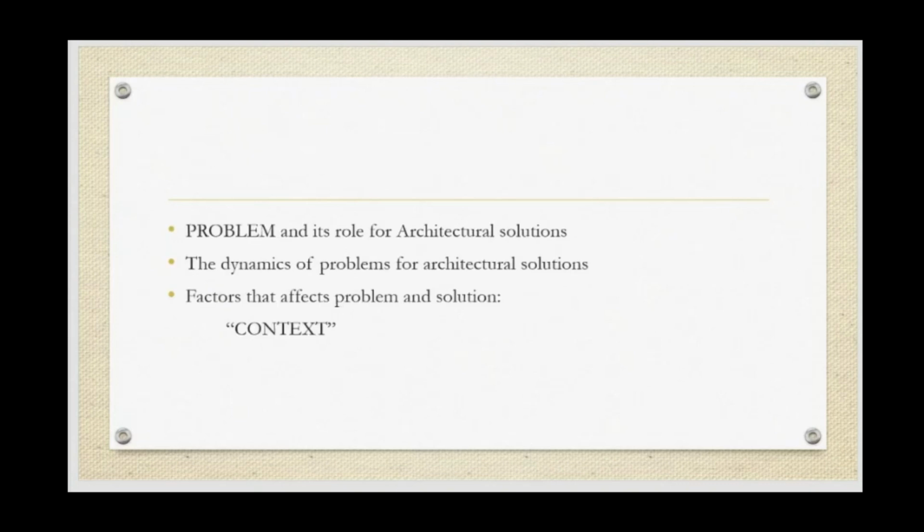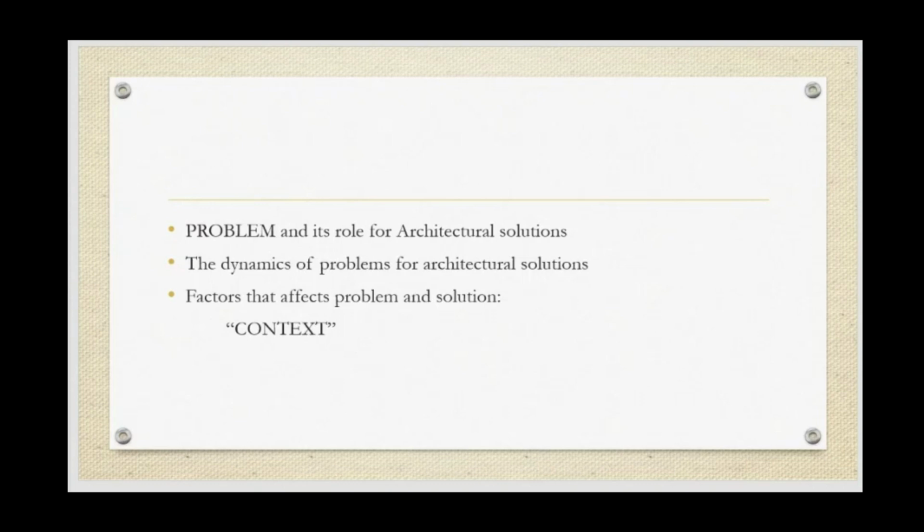So going into that, we also advocate that problem is a very important part of architectural solutions, because without a problem, architectural solutions will always have some kind of debatable aspects. So identifying the problem is very important.